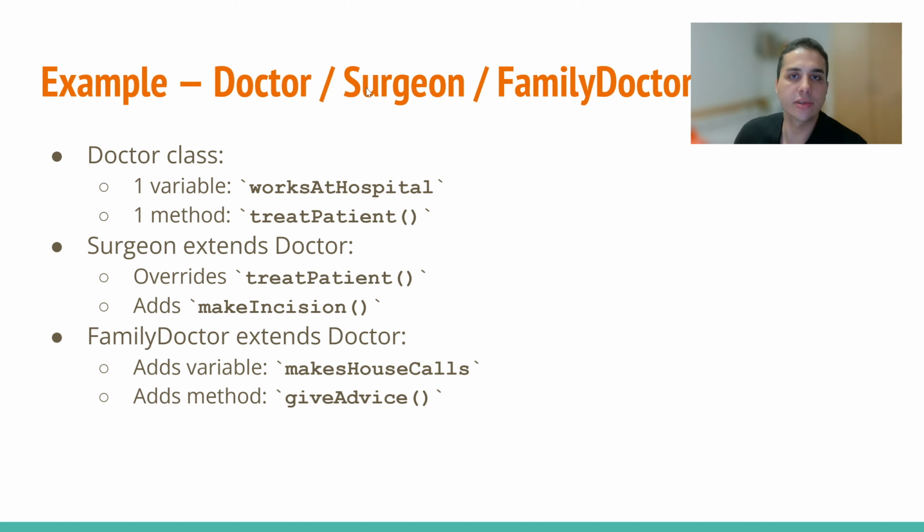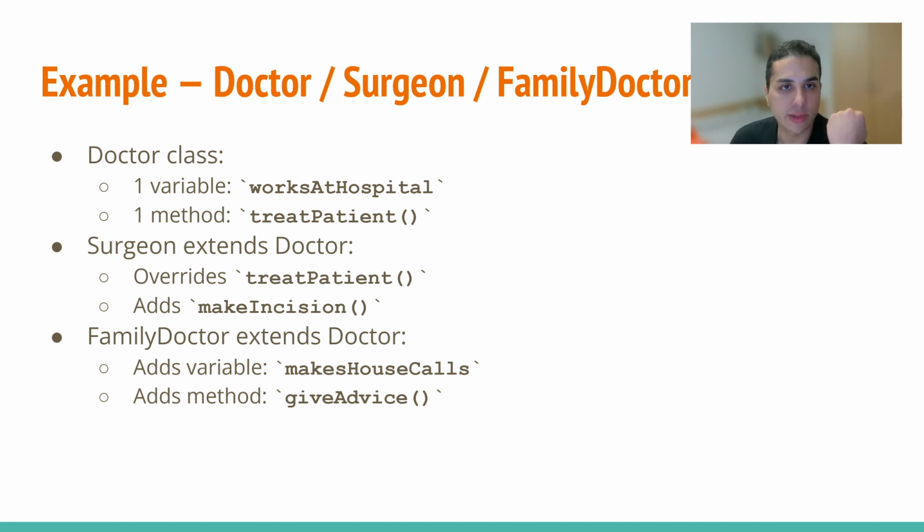Yes, we have doctor, surgeon, and family doctor. The doctor class has one instance variable and one method, and it will have two subclasses, surgeon and family doctor. In the doctor class, it will have an instance variable of works at hospital, and the method will be treat patient.